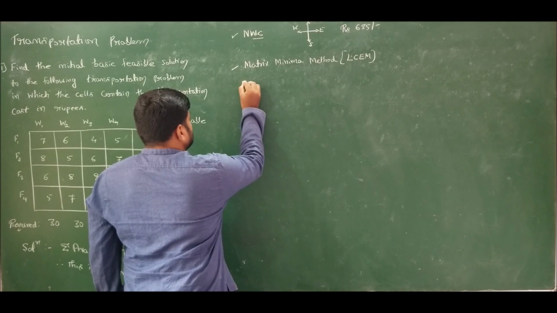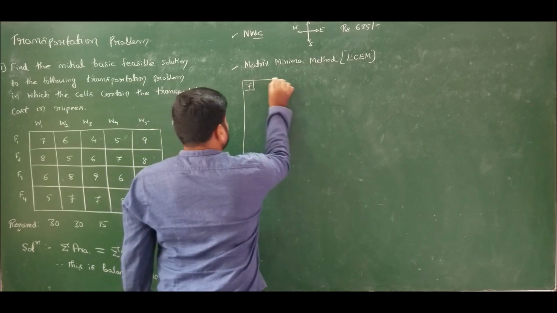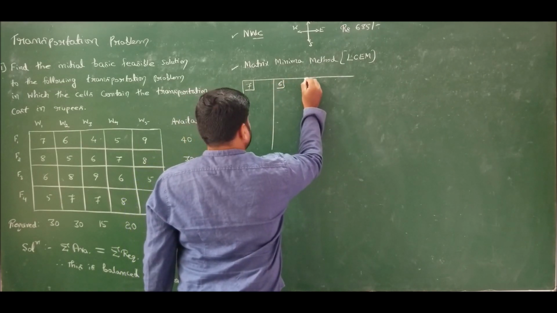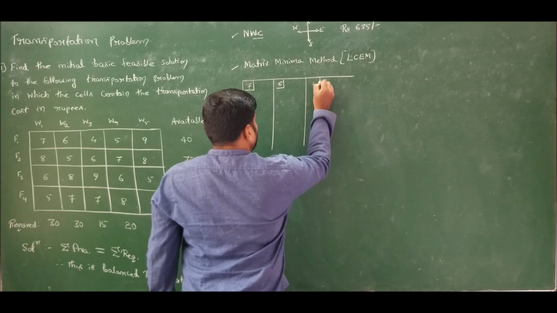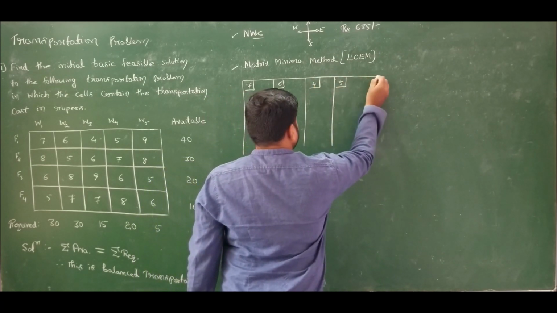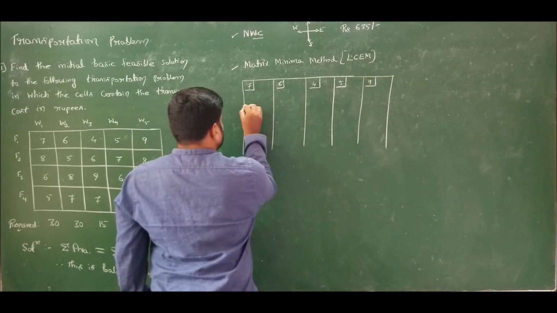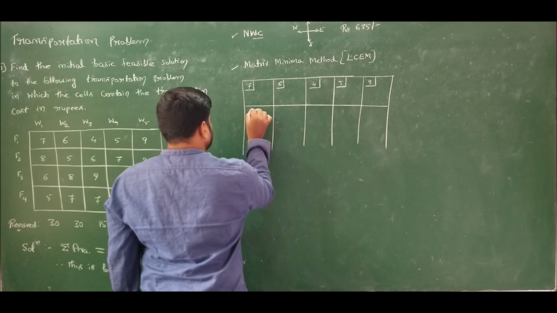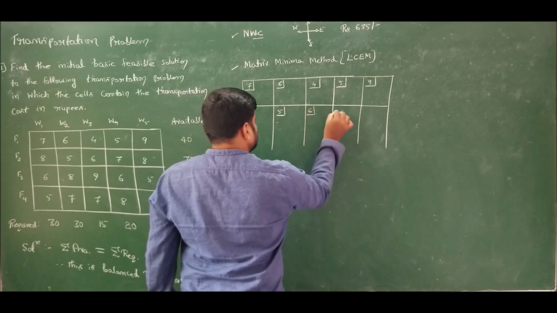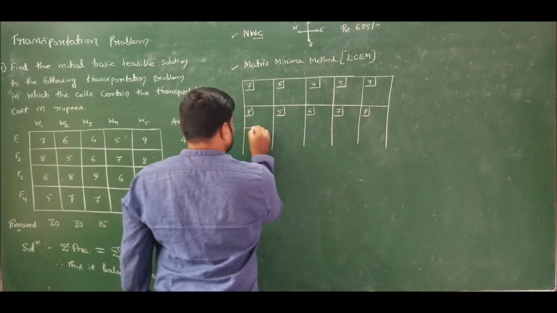As I said, we have 7, 6, 4, 5 and 9. Then we have 8, 5, 6, 7 and 8.